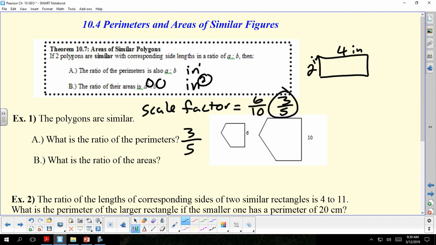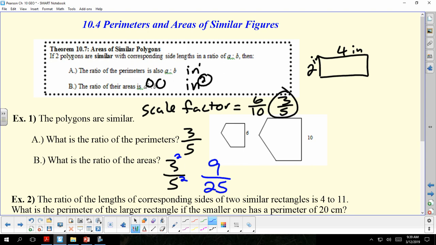And to find the ratio of the areas, I'm just going to square each of those. The ratio of the areas is 9/25. Just square that scale factor.